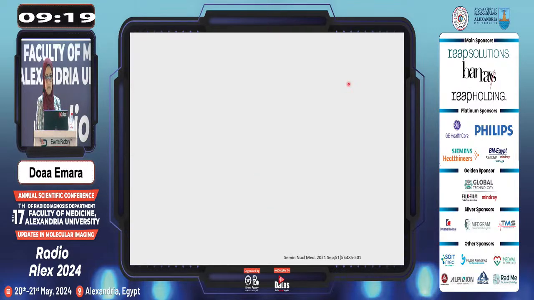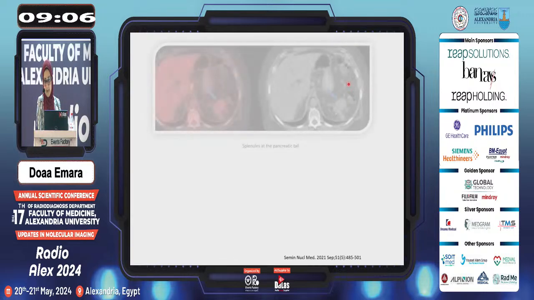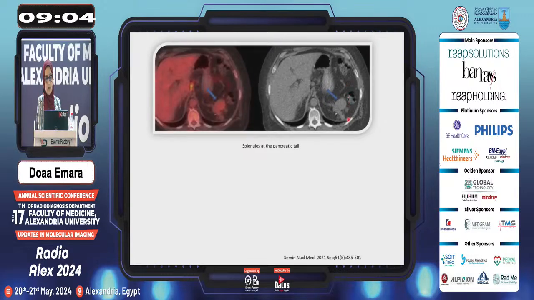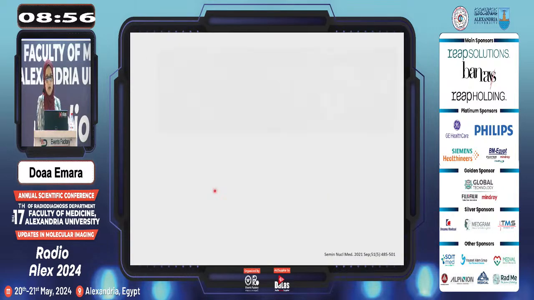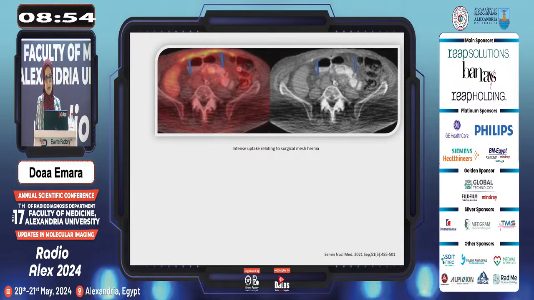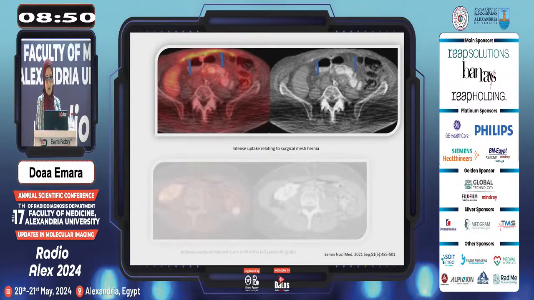And now I'll take a rest from malignant lesions and I'll show you some normal structures which show uptake of FDG in PET study. This is a splenule at the pancreatic tail, normal appendix showing FDG uptake, post-surgical hernial repair, and this is a mesh showing intense uptake.